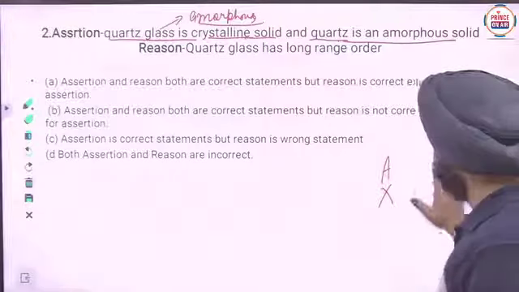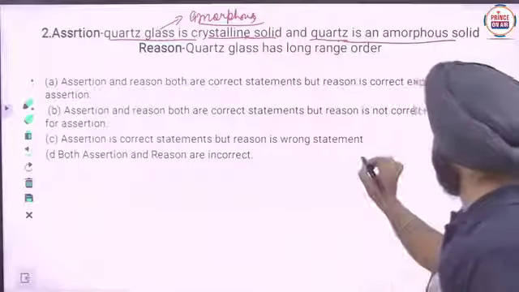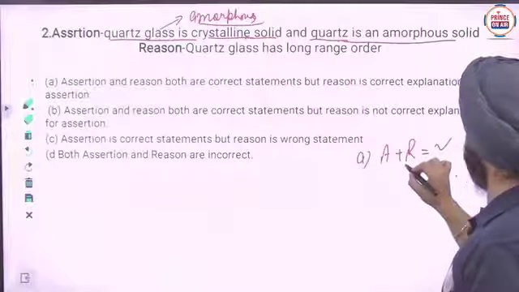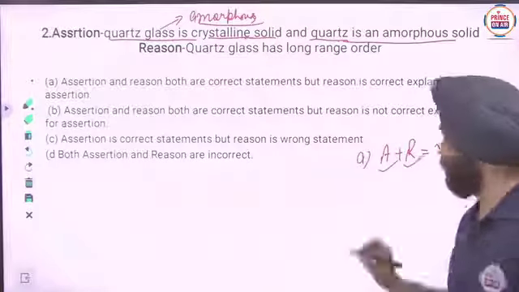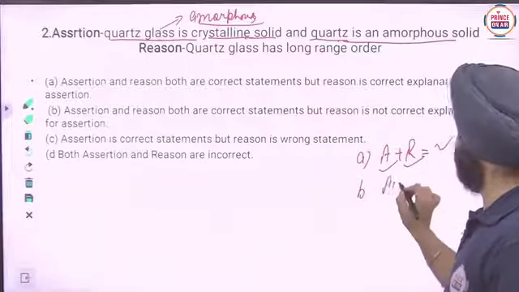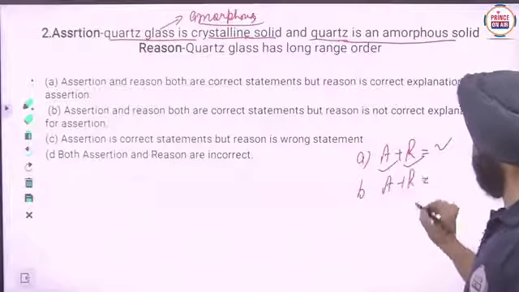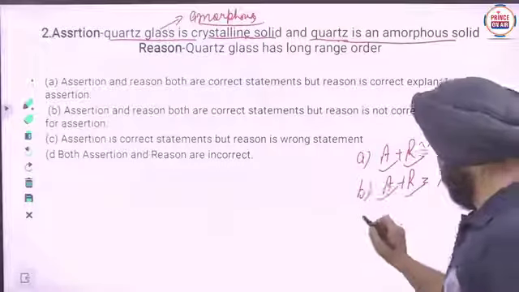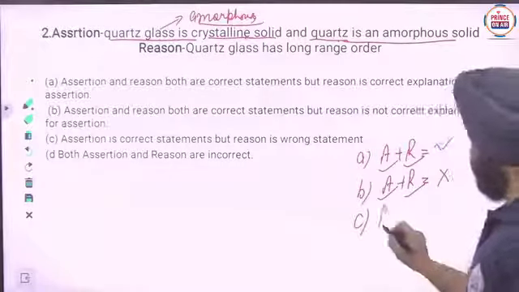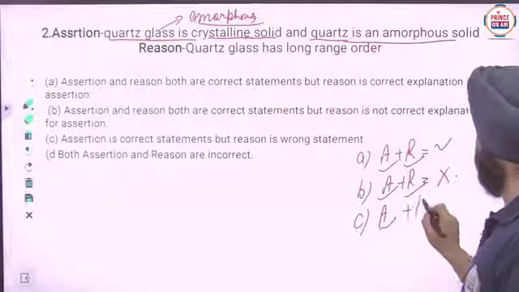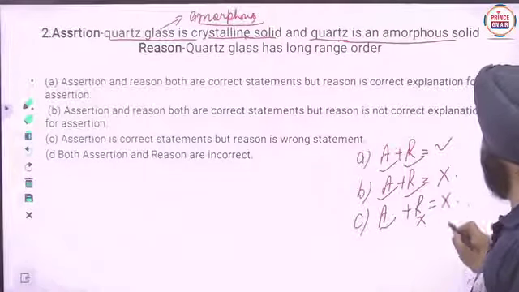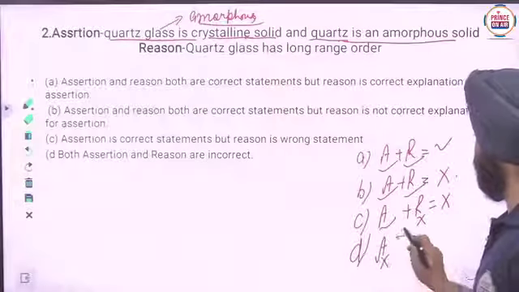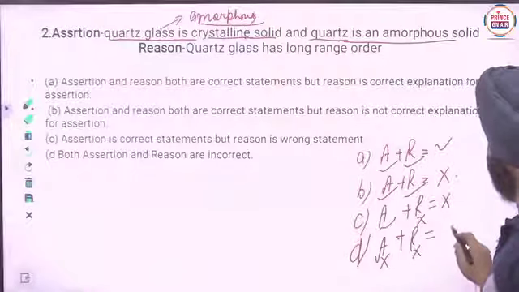What options do we have? Option A: assertion and reason are both correct. Option B: assertion and reason are correct, but the relation is not correct. Option C: assertion is correct, but the reason or the relation is not correct. And D: assertion is incorrect, reason is incorrect, and the relation is incorrect.